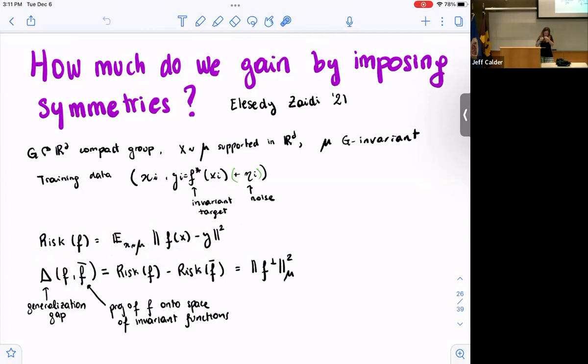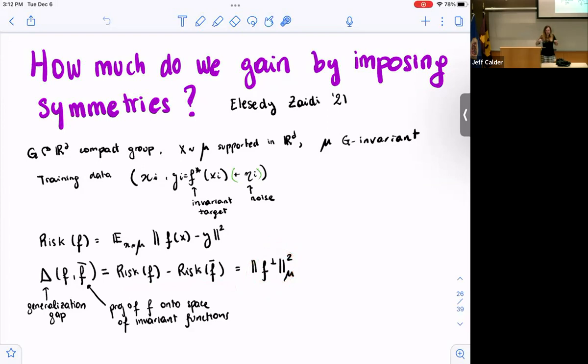The fact that this group is compact and the measure is symmetric tells you that this difference is actually the norm of the projection of the function onto the orthogonal complement of the space of invariant functions. So it's always greater than 0.